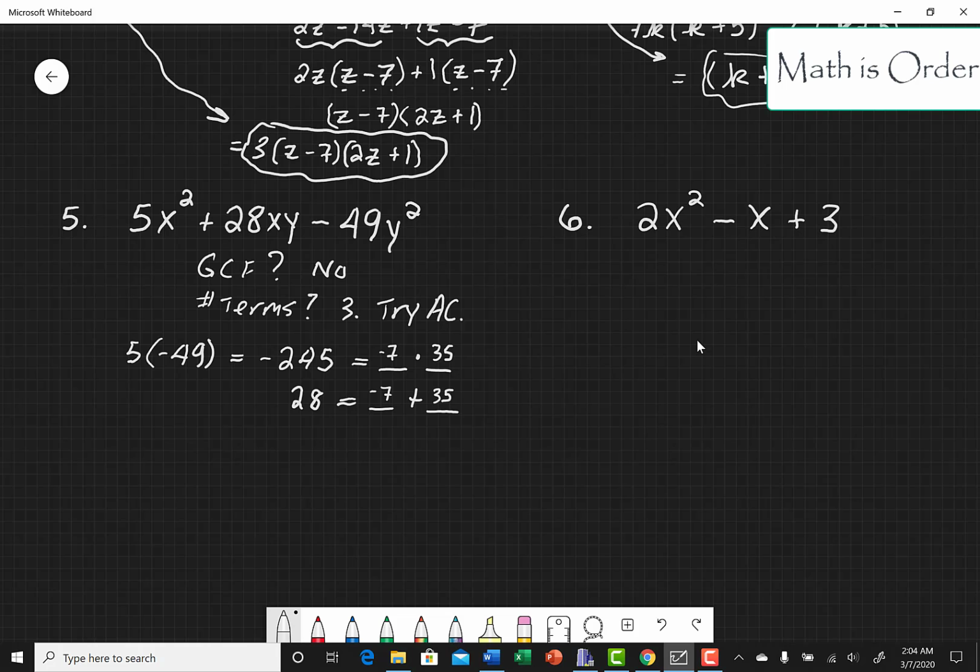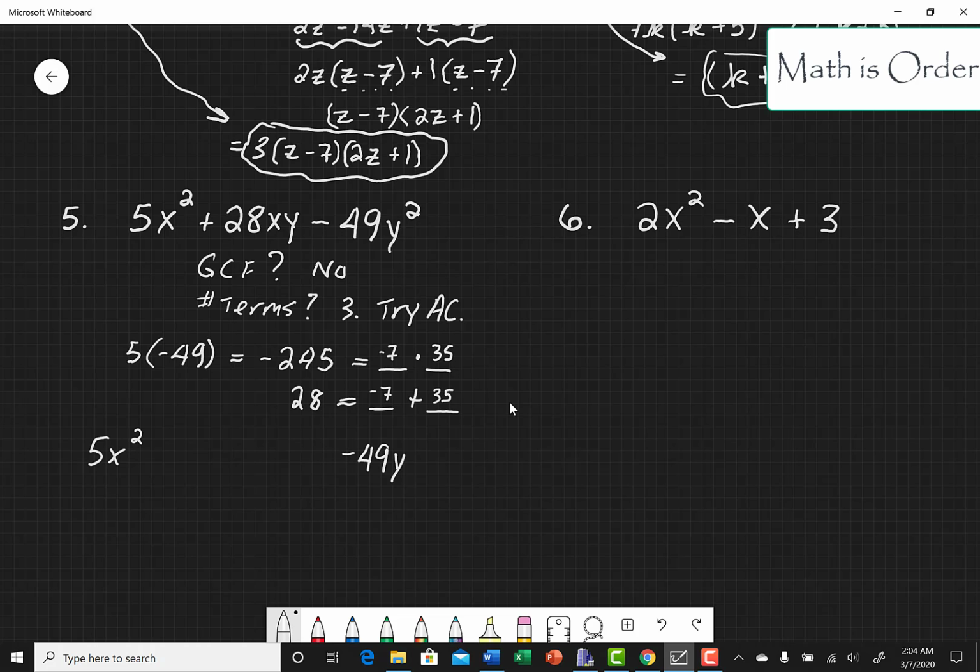All right, so we're going to rewrite the first term. Now here, when we have two variables, the only difference in factoring with these two is that when we replace the middle term, we're going to use both variables.